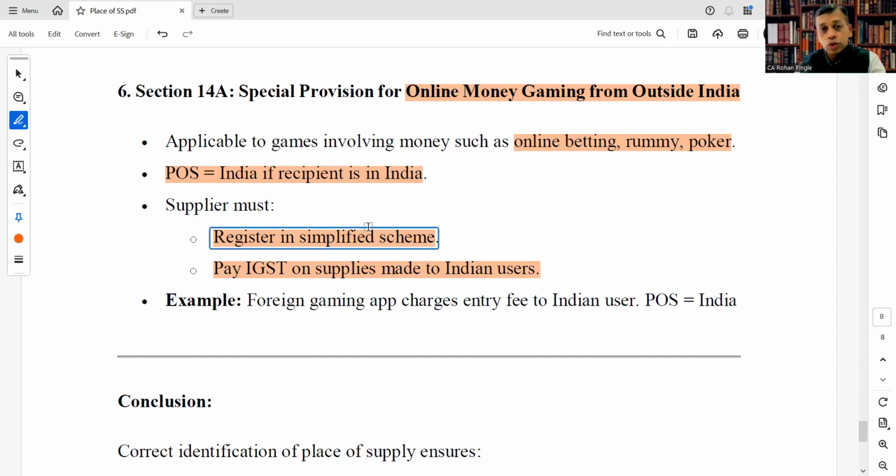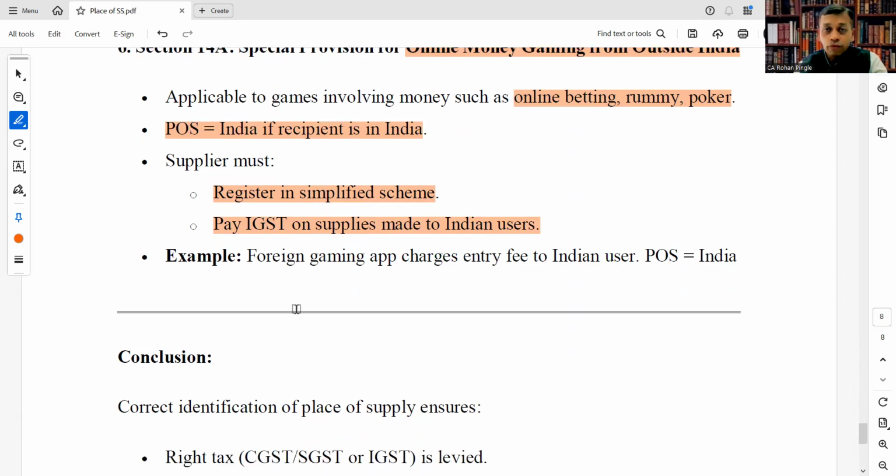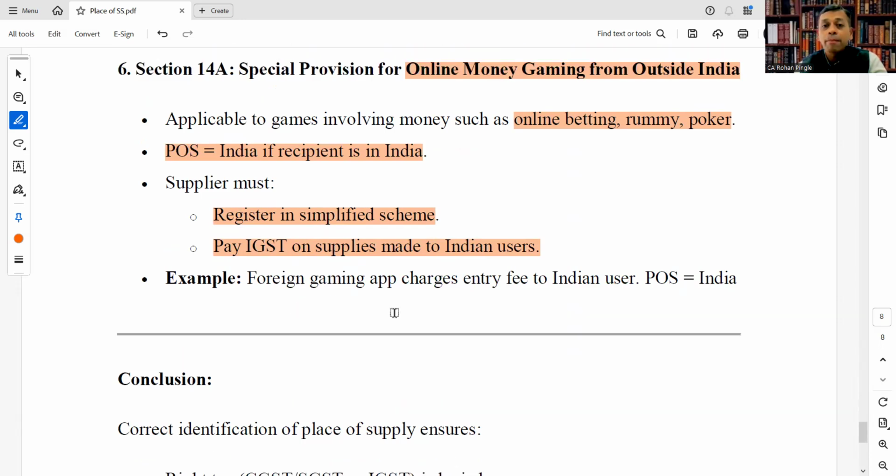For example, if a foreign gaming app charges an entry fee to an Indian user, the place of supply will be India, and the foreign supplier needs to pay the IGST.